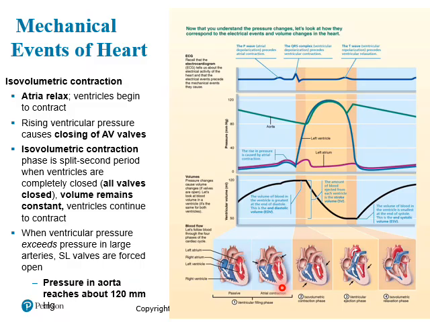Both valves are kept closed by the pressure inside the large arteries, and the ventricles will need to contract at a force much higher than the pressure inside the large arteries.